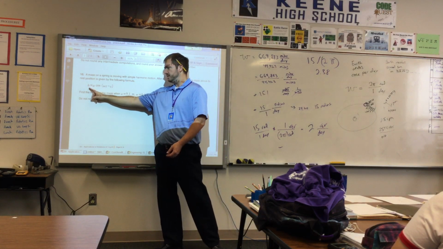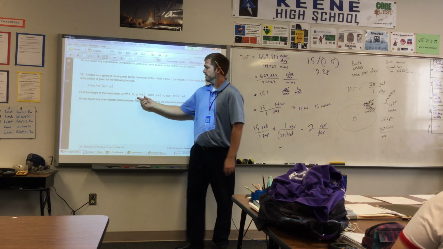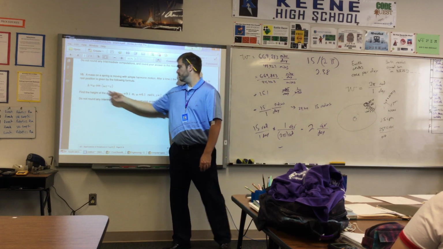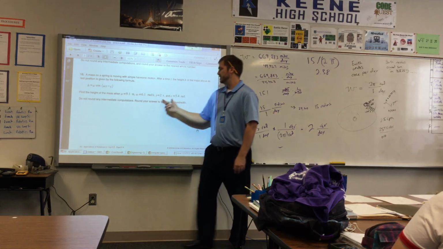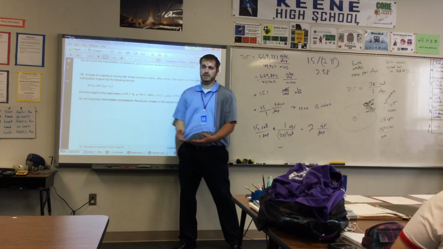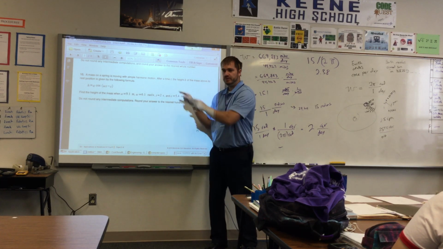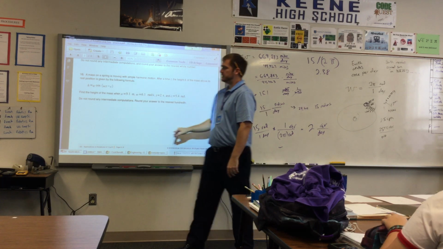Find the height, that guy right there, when A is 9.1, W is 6.1 radians per second, T is 2, and C is 5.4, okay? I'm not really going to spend a whole class period telling you how to plug numbers in, okay? But it's got the cosine there.